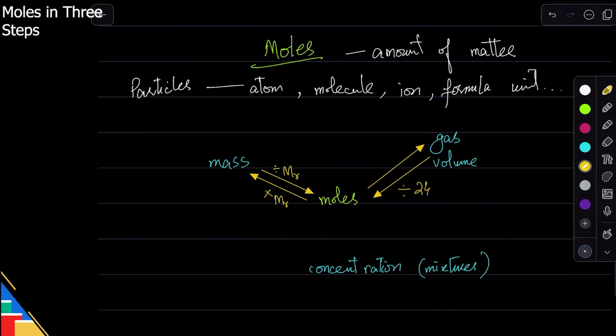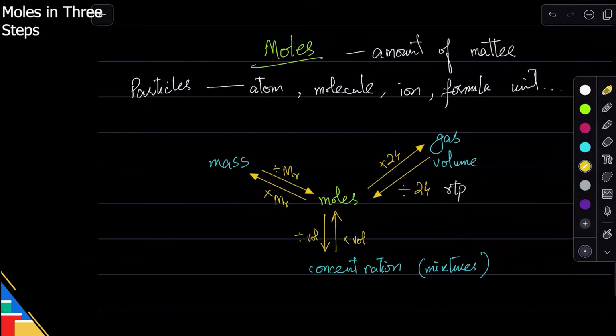Why 24? Because this is at room temperature and pressure. Similarly, if I want to convert back, I multiply by 24 to find the gas volume. And for concentration, I multiply by the volume of the solution, and to convert back, I divide by volume.